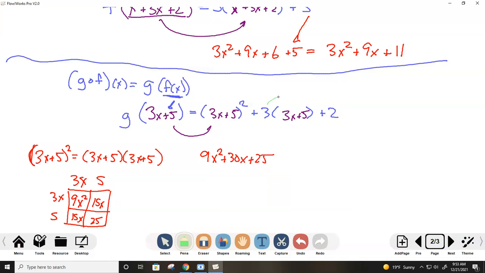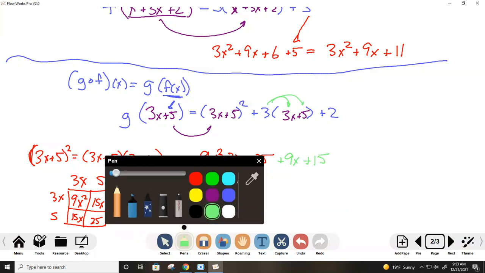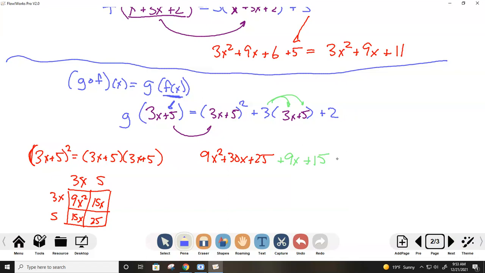The second one, I take 3 times 3x is 9x. 3 times 5 is 15. And then I have this 2 on the end. So finally I combine my like terms. 9x squared.